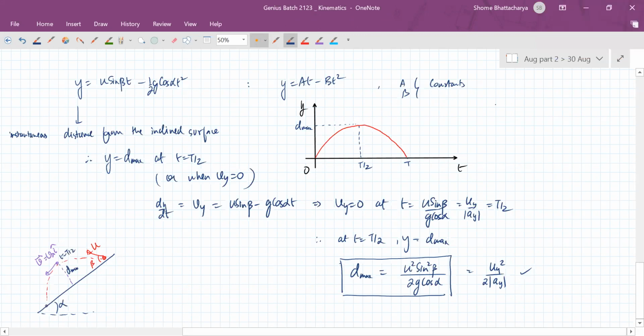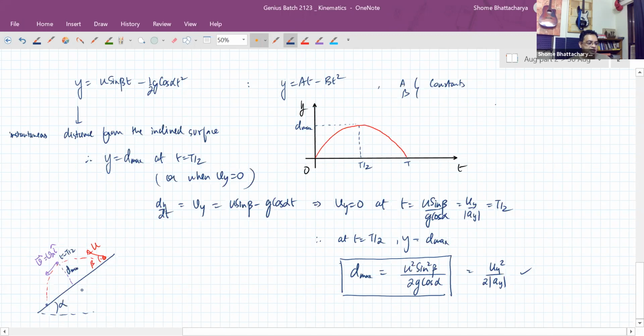Then sir, will we say that the motion is symmetrical about the inclined plane? No, that is the thing now. While the time is half, and the velocity is parallel to the inclined plane, you'll see that here to here is not r by 2, and here to here is not r by 2. So the interesting thing is that the geometrical symmetry does not hold.